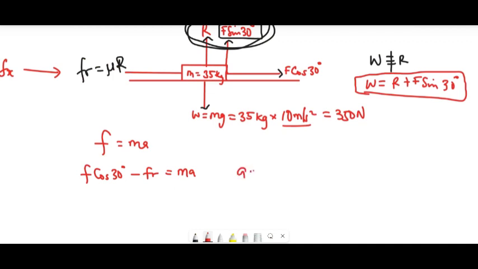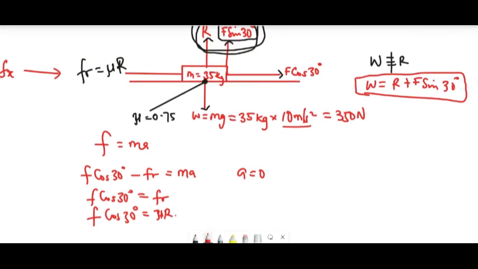Note that acceleration is not given, so acceleration is equal to 0. So what am I going to have? I'm going to have F cos theta equal to Fr. Now, your Fr is still the same as mu R, so F cos theta equals mu R, and this becomes your equation 1. This is your equation for the x-axis.